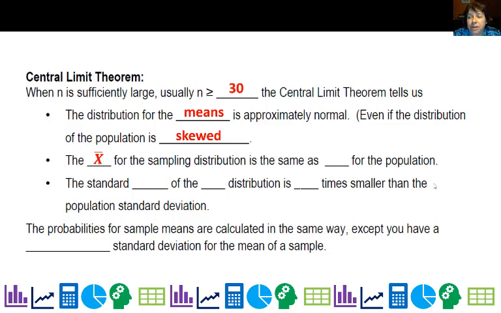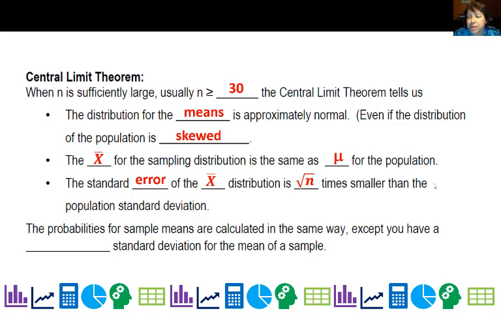The x-bar for the sampling distribution, or the average, is the same as the mean for the population. The standard error, or deviation, depending how we work with this, that's a hint of the future, of the mean distribution is about square root of n times smaller than the population standard deviation. And the reason is it's harder to get on the extremes when you're averaging from your sample.